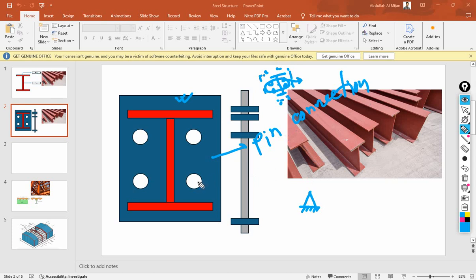In a practical situation for steel structure, for a pin connection the holes will be inside the flanges, not outside the flange. Whenever we put holes outside of the flanges, this connection turns into a moment connection, which will be a fixed connection. And this is an anchor bolt. Here is the bottom part of a bolt.